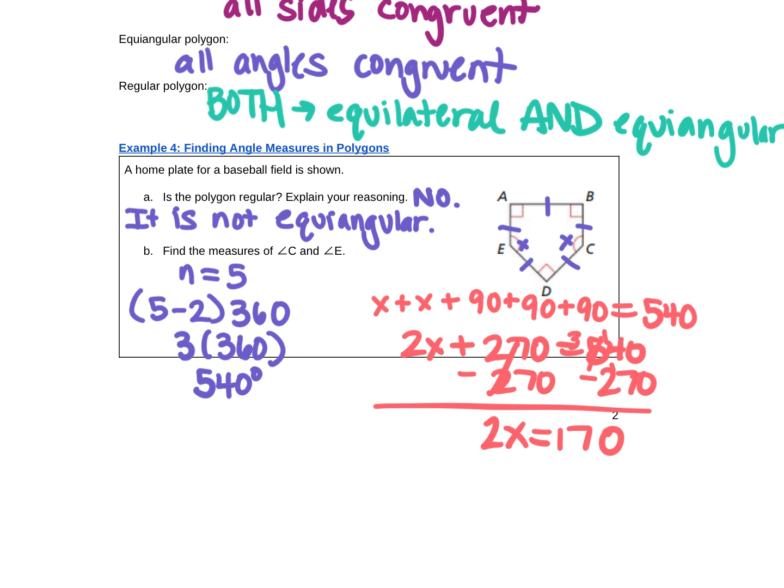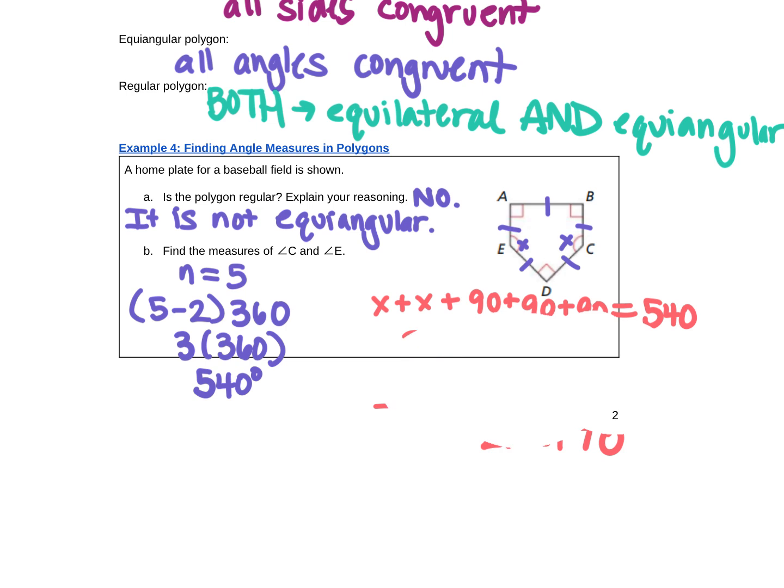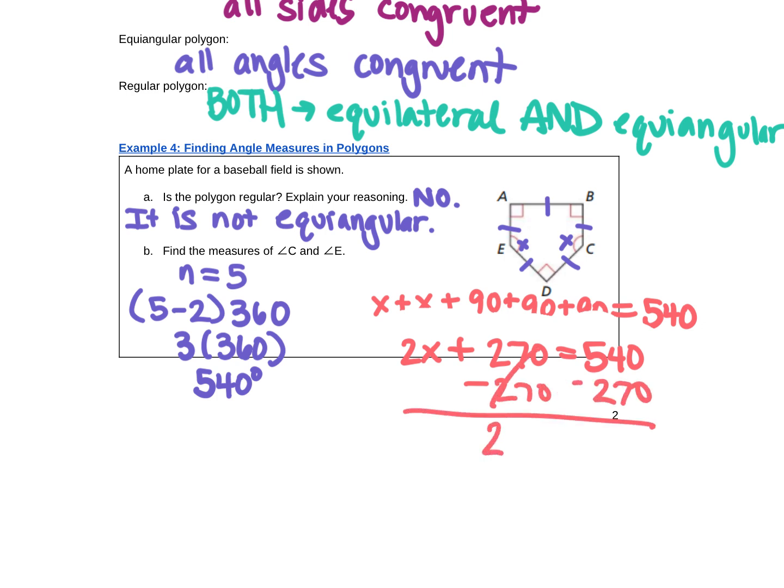Okay, so we would go 540 minus 270. There it is. Oh, jeez, guys, it's early. So let's just try this again. 2x plus 270 equals 540. Wow, okay. Feel free, as proof that you've watched this video, to make me aware of that wonderful whoopsie in math.